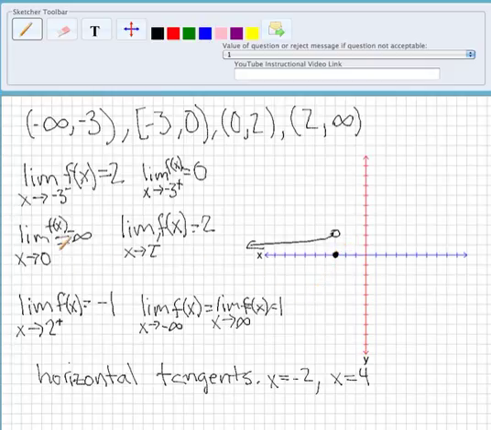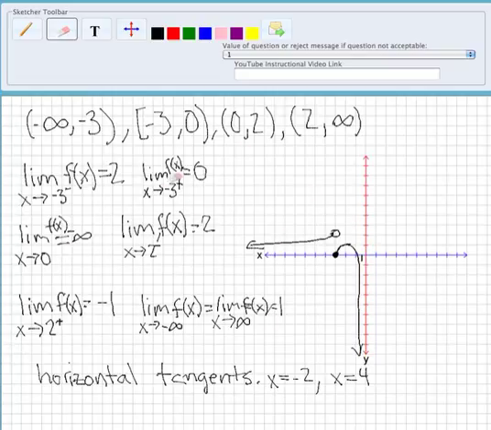And we also know that the limit at 0 is going to be negative infinity. But we also know that there's going to be a 0 slope, or a horizontal tangent, at negative 2. So what that looks like is it's going to come up and turn around at 2, kind of looks a little bit more like this, and then comes back down and goes to infinity at 0. So that's what that looks like right there.